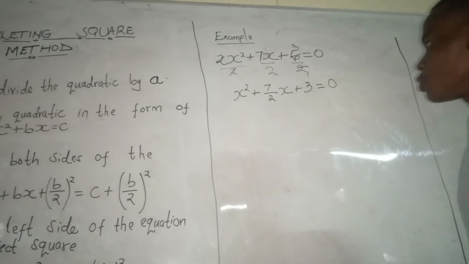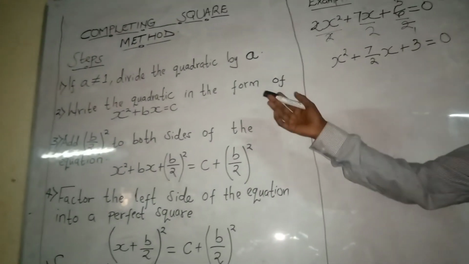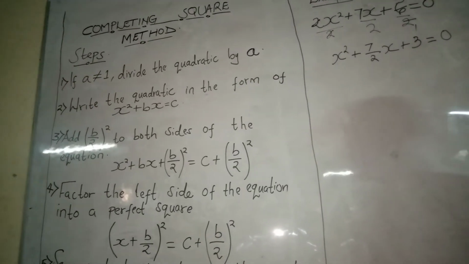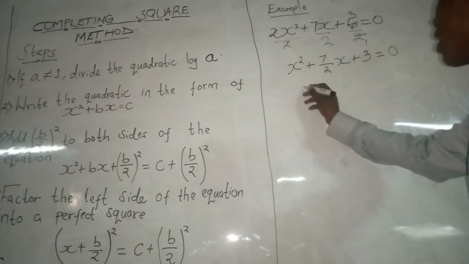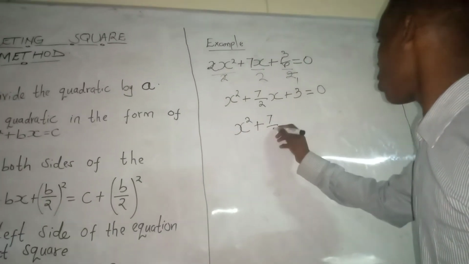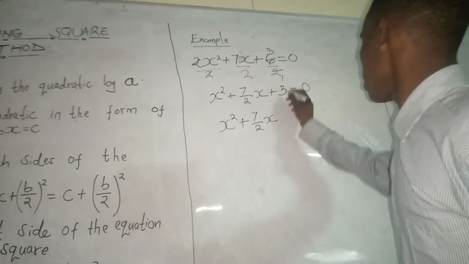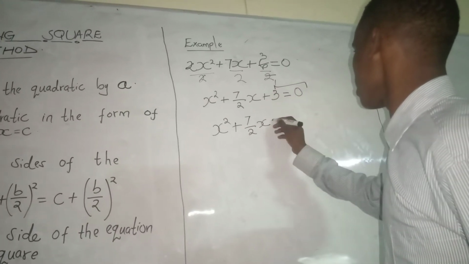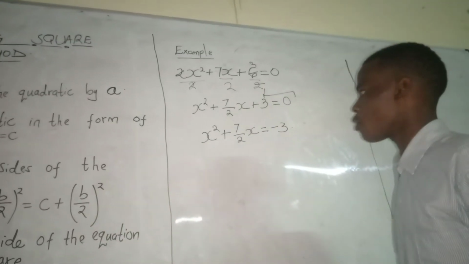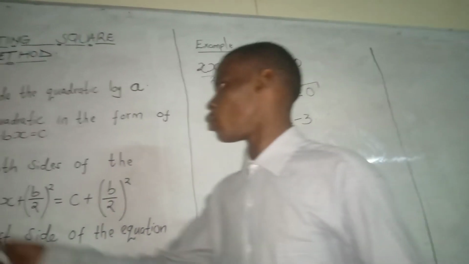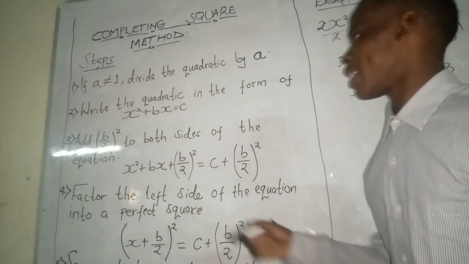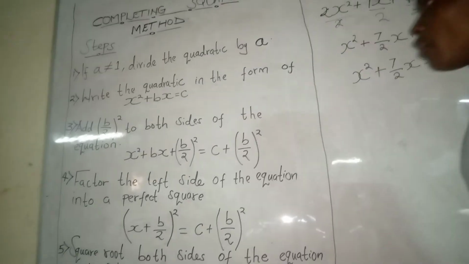Step number 2 states write the quadratic in the form of x squared plus bx equals c. So it will be x squared plus 7 over 2 x, and this 3 taken to this side will be negative 3. Now we get into step number 3, which says add (b over 2) squared to both sides of the equation.